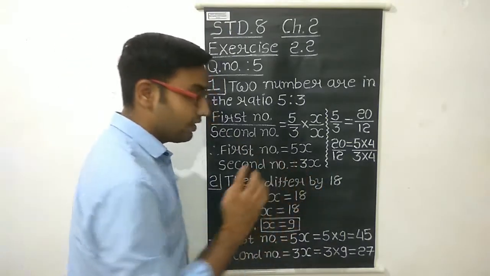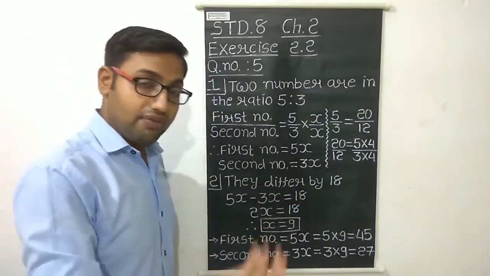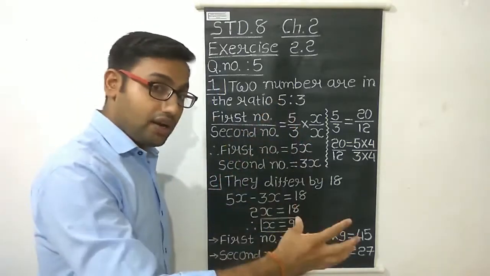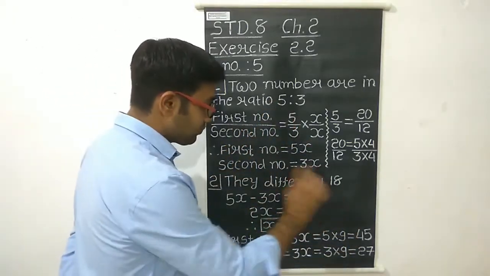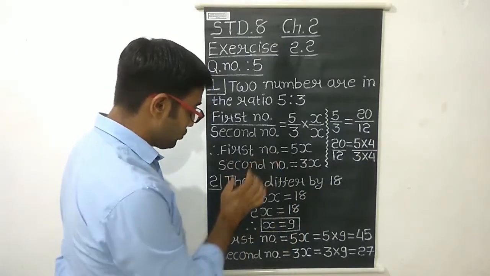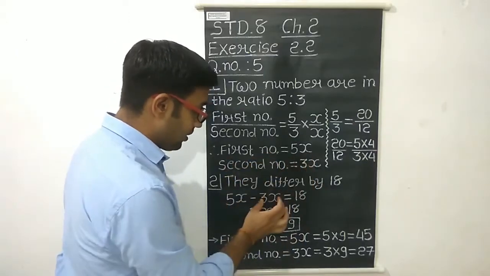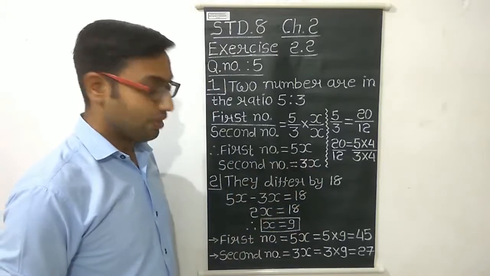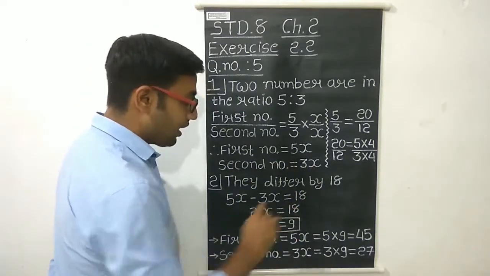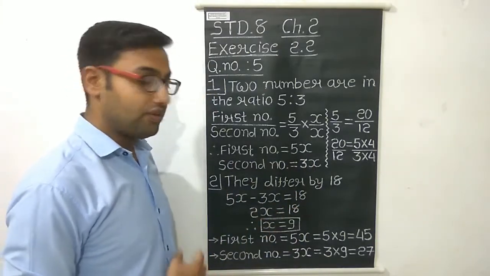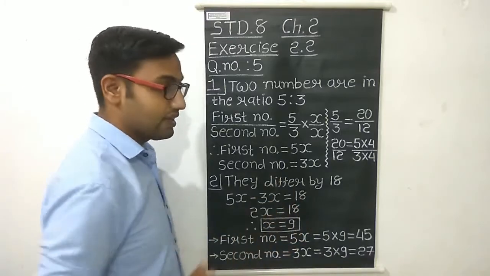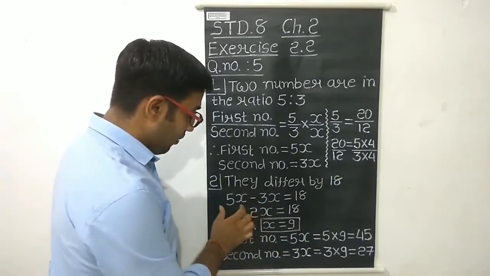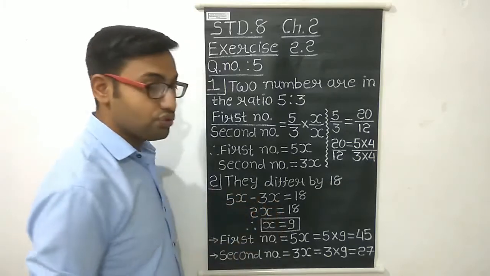If 18 is given as negative, then we have to subtract the greater number from the smaller number. But here it is positive, so the first number minus the second number is equal to 18. In this way we make a linear equation, in which one side there is a variable and the other side there is a number. Okay, so now 5x minus 3x is equal to 2x.